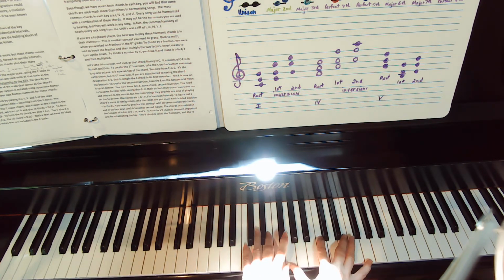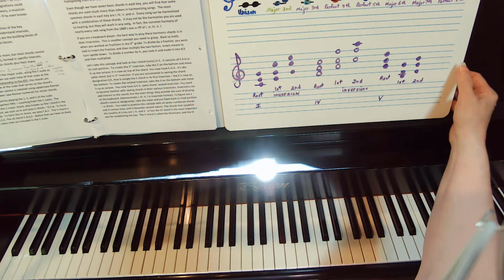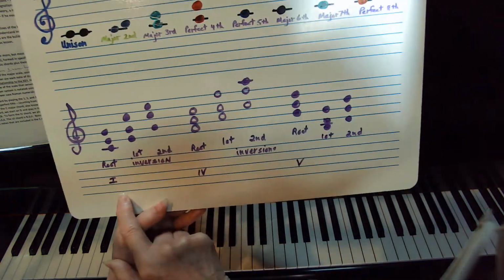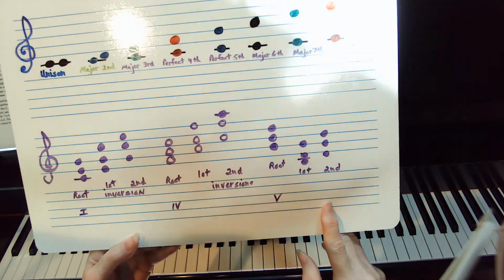Okay? So you need to learn the inversions. Now, once again, I wrote them out here. I wrote down the inversions of the 1 chord, the 4 chord, and the 5 chord.